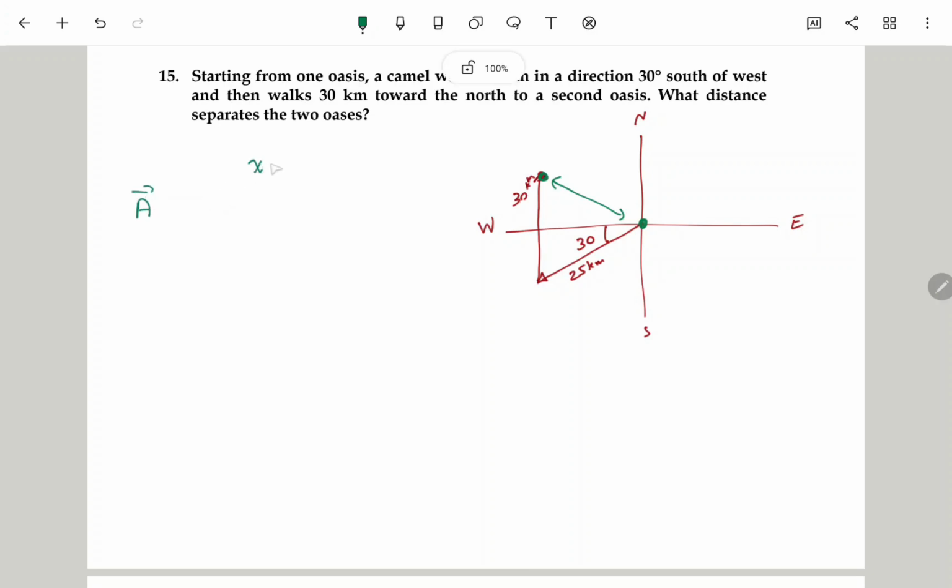again, draw a simple table, x component, and this is y component, minus 25 cosine 30, minus 25 sine 30.